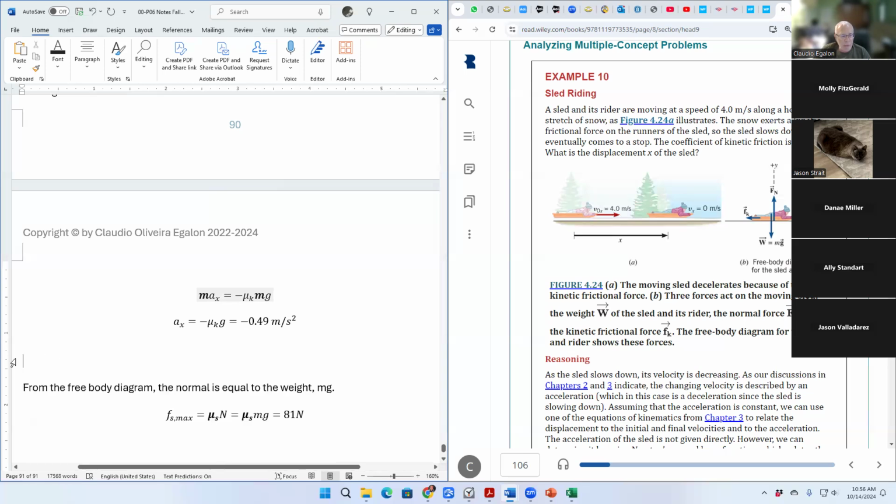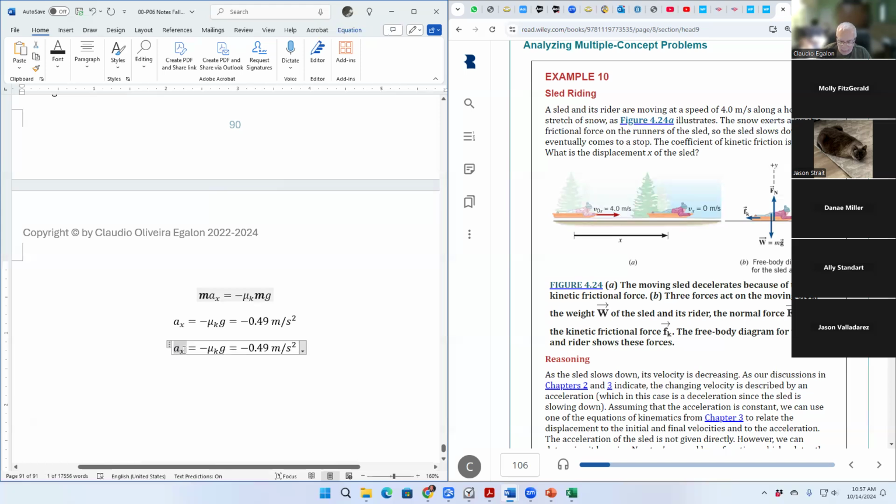Now we have to find out what's the distance that the slider travels, right? We need that to find this distance. And which equation are we going to use? Okay, it's going to be the equation for uniformly accelerated motion.